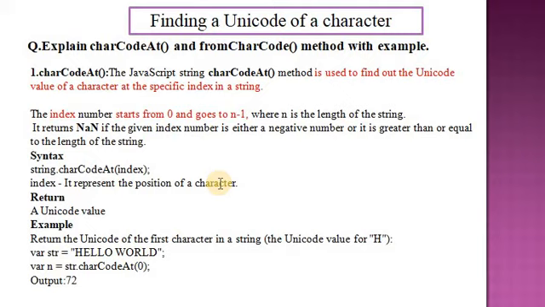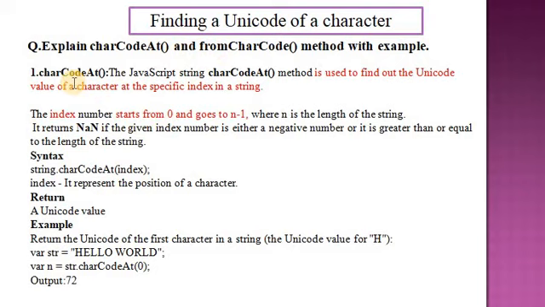You might need to know the Unicode number of a character, or the character assigned to a specific Unicode number, and you can determine these by using the charCodeAt method and the fromCharCode method. Both are string object methods.